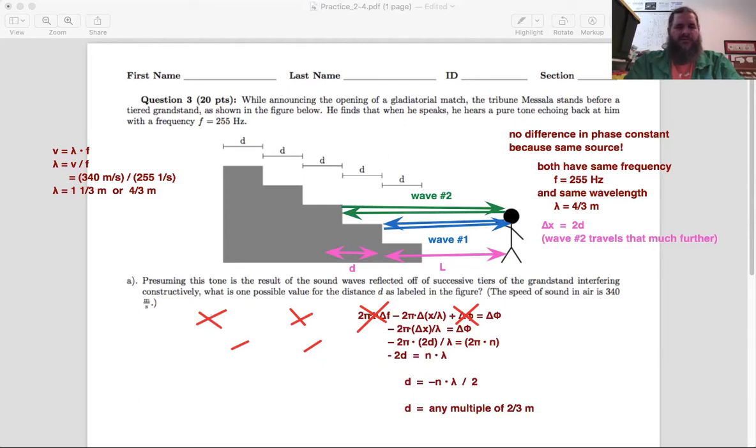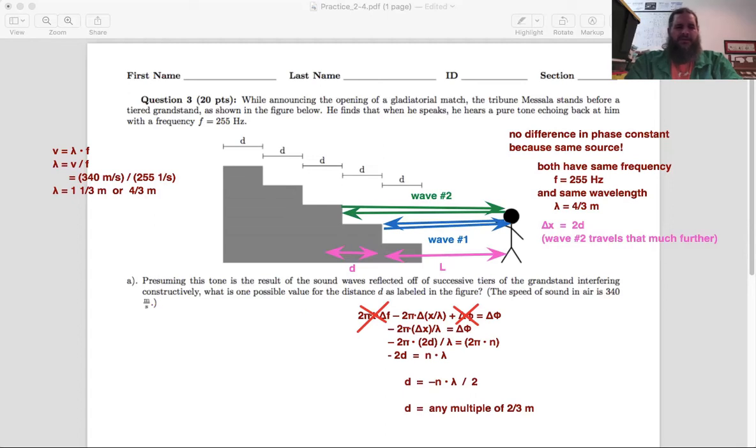So in general, if the sources have the same frequency and are synchronized, that is, if the only difference between the two waves is how far they're traveling, then the total phase difference equation becomes much simpler.